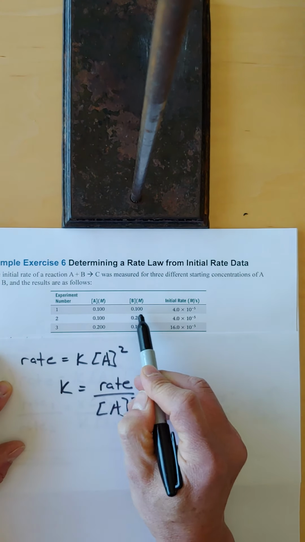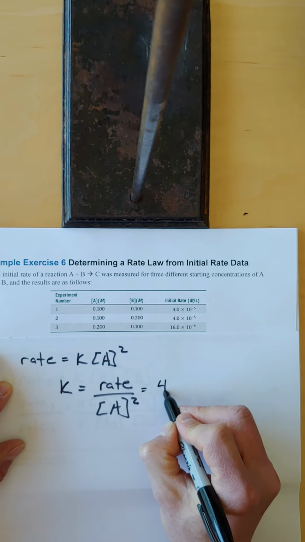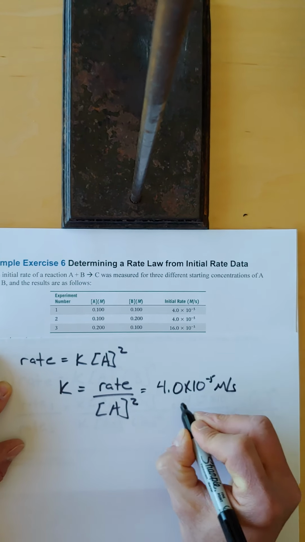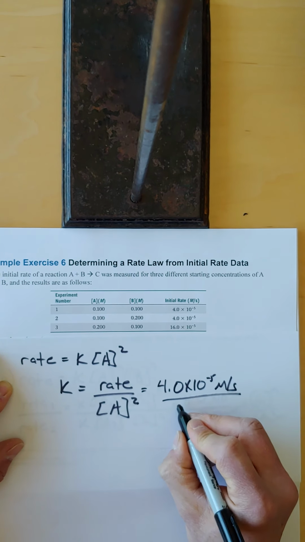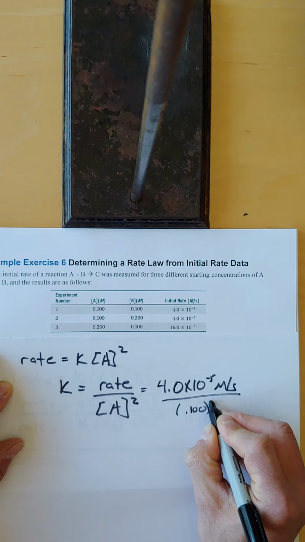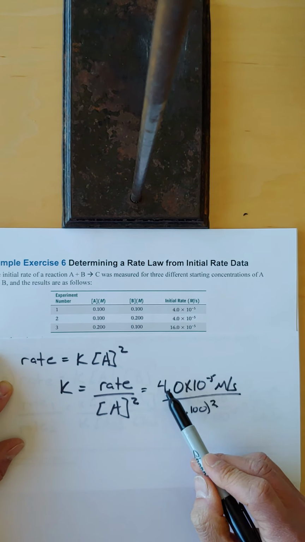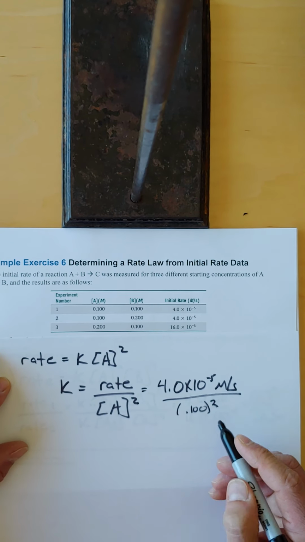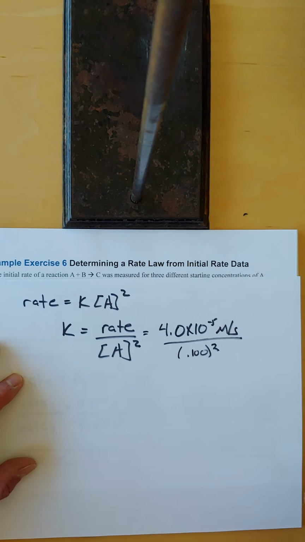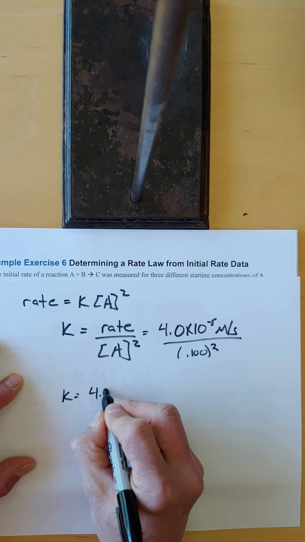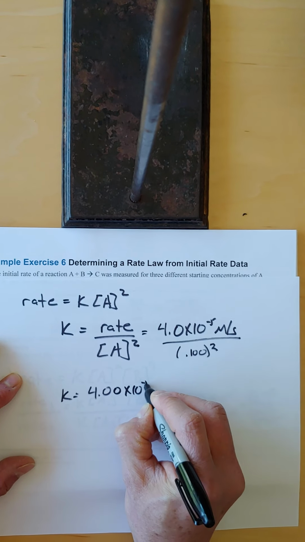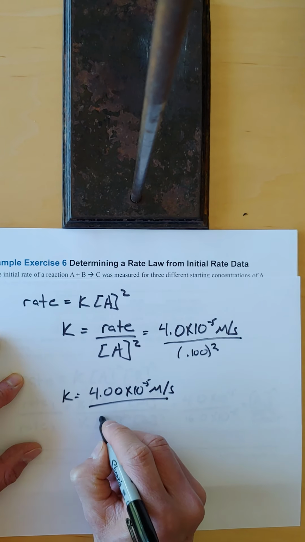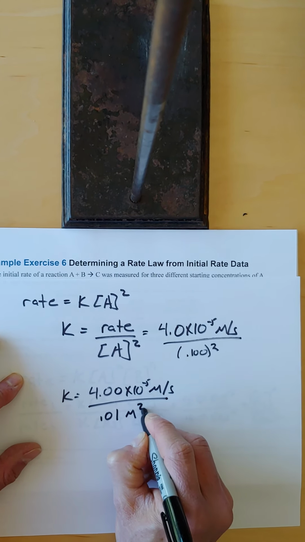And so if we take, for example, the first experiment, I had a rate equal to 4.0 times 10 to the negative fifth molar per second. And if I divide that by my concentration of A, 0.100 squared, then I've got 4.0 times 10 to the negative fifth molar per second divided by 0.01 molar squared.